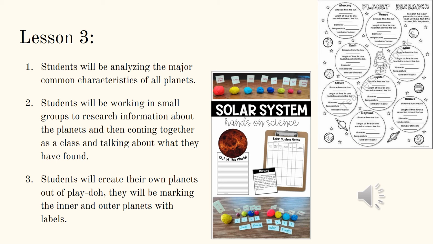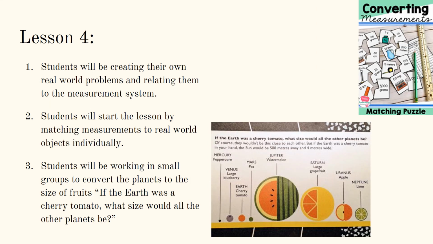And then for lesson 4, the students will be creating their own real-world problems, relating them to the measurement system. The students will start the lesson by matching measurements to the real-world objects individually.